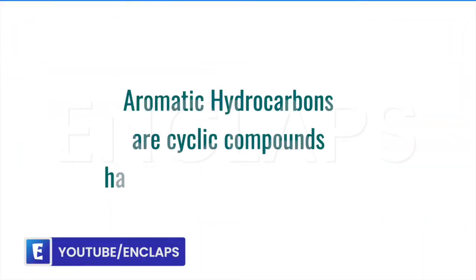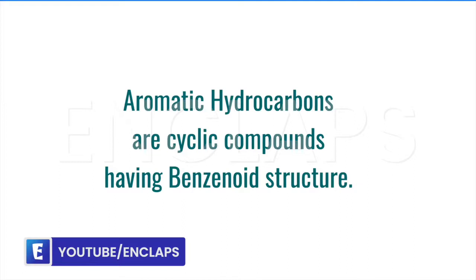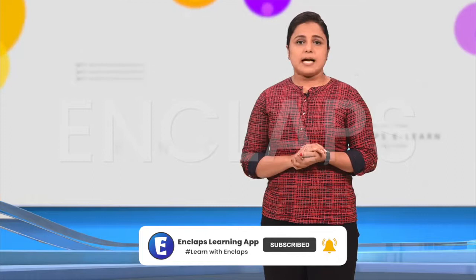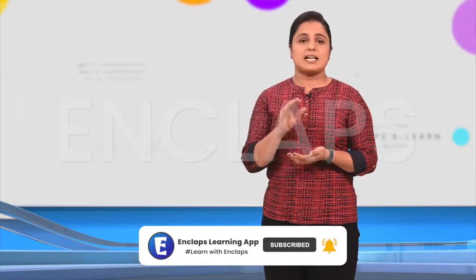Then what are aromatic compounds? Aromatic compounds are compounds that contain a benzenoid structure. What is a benzenoid structure? That means the compounds which contain a benzene ring.